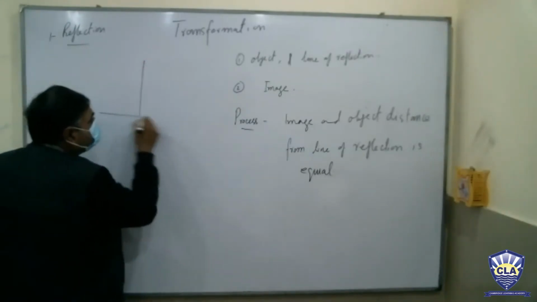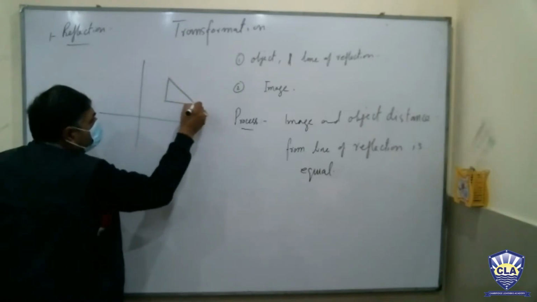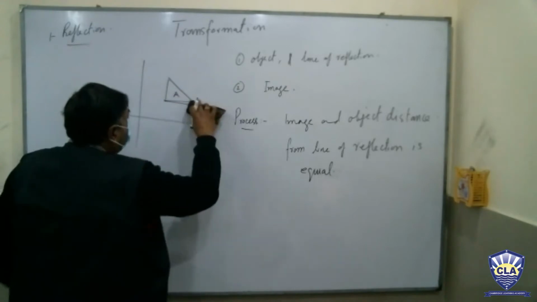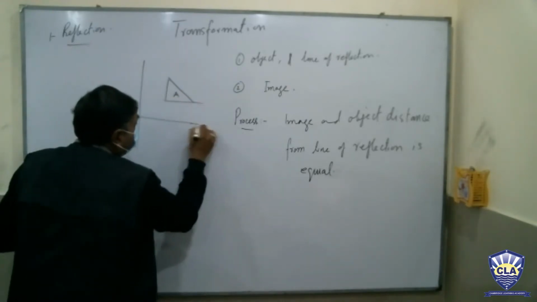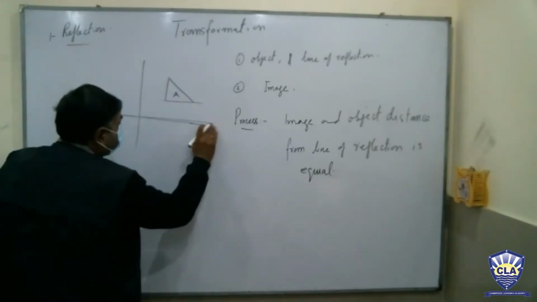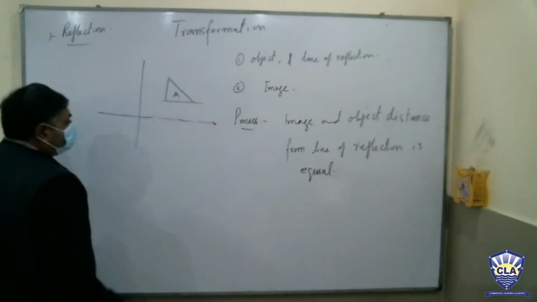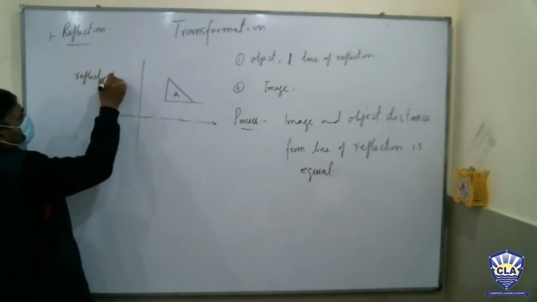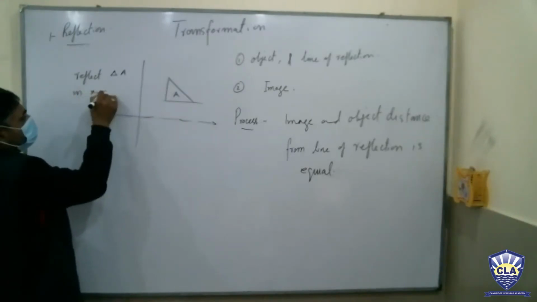Example: this is triangle A. Please reflect triangle A onto triangle B. Reflect triangle A in the x-axis.